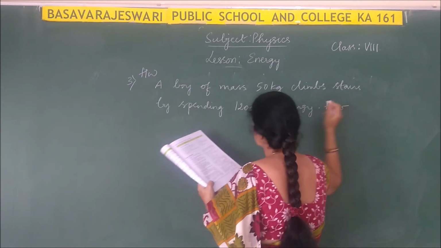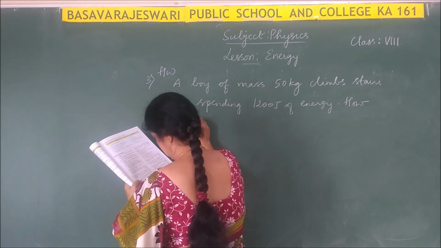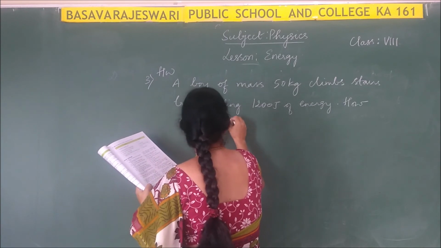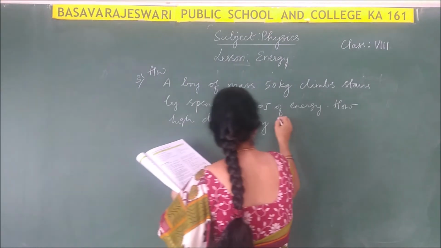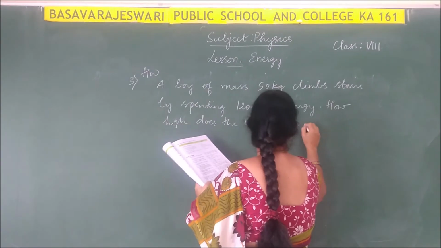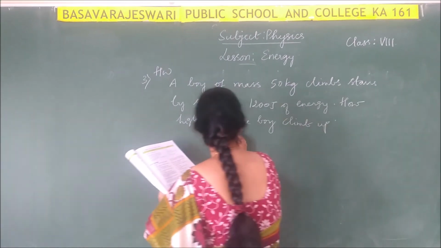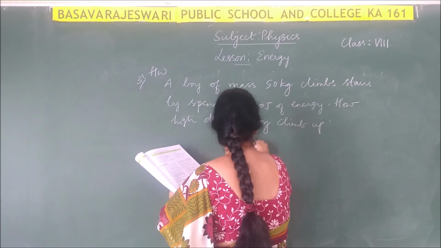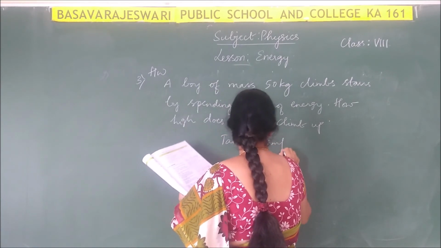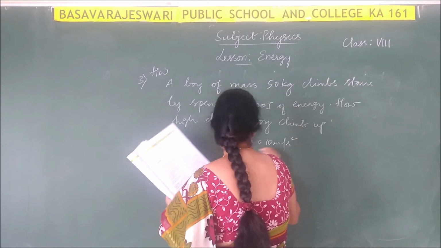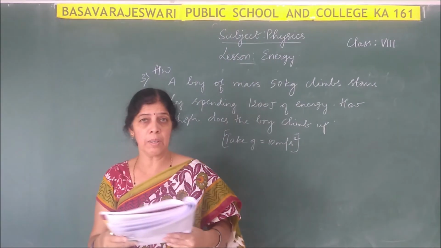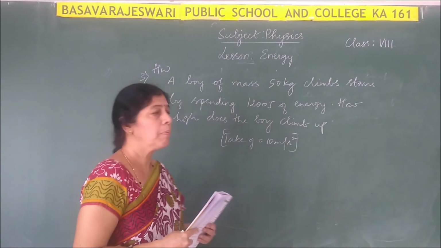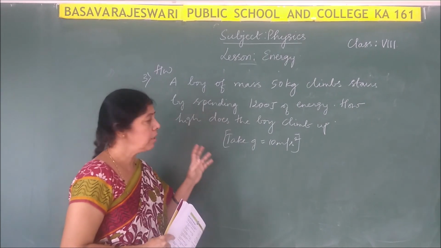How high does the boy climb? Take g is equal to 10 meter per second square. So you have to use the potential energy expression only and calculate the height. Okay, so this will be the homework. Try this out.